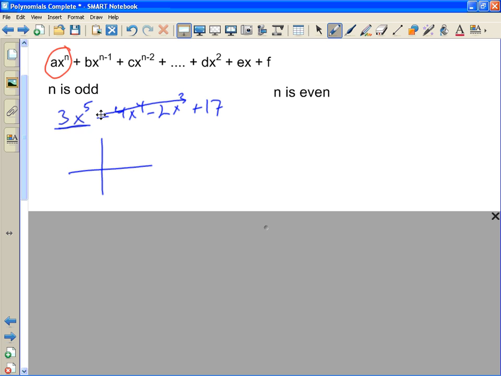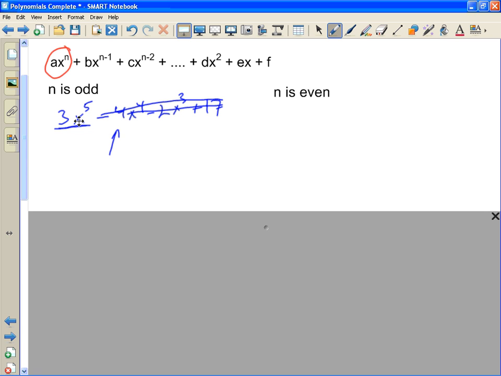So really, these become negligible as I put in very large numbers. As I put in a very large positive number, I'm going to get a very large positive number out, and then I'm going to multiply by 3 to get an even larger positive number. So the right-hand behavior, as they'll call it, is that it's going up.